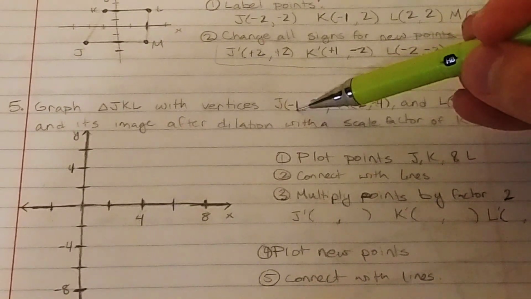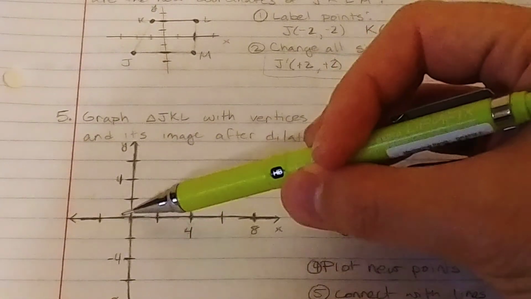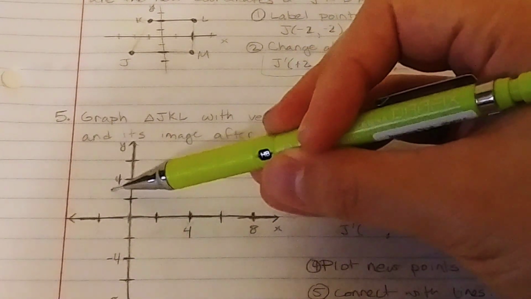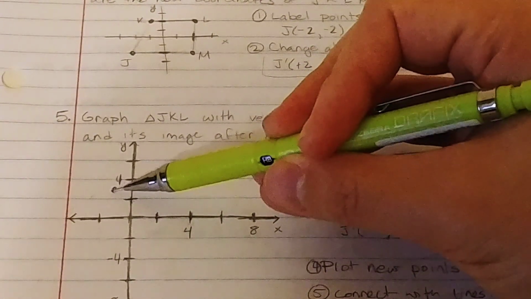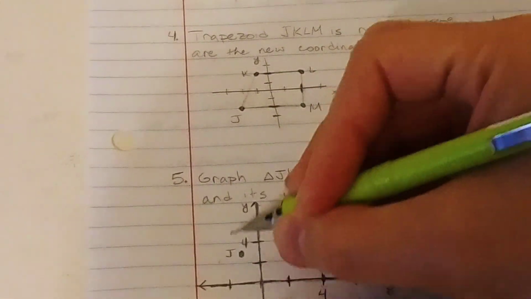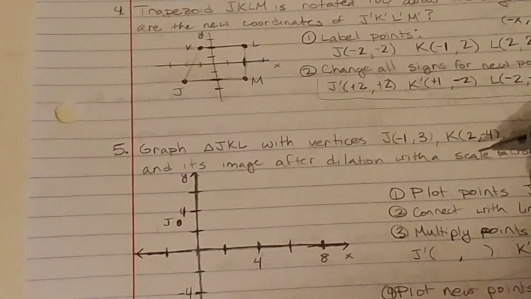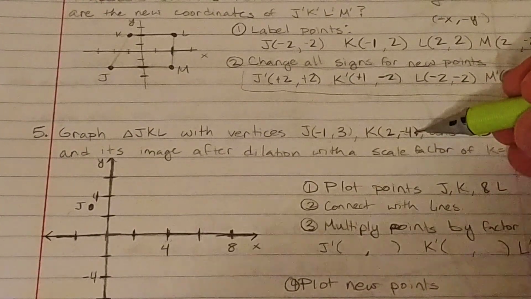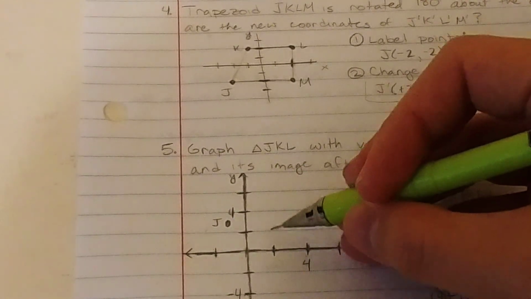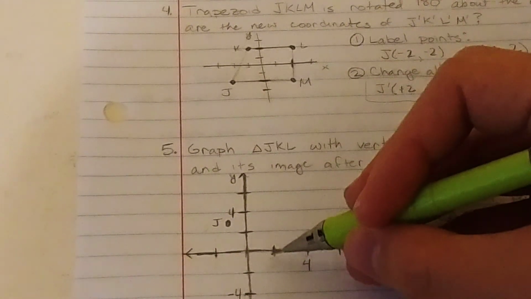Here we have negative 1 comma 3. So we go to the left negative 1 and up 3, in between 4 and 2. And that's J. The next one is 2 comma negative 4. Go to the right 2, and then down 4.